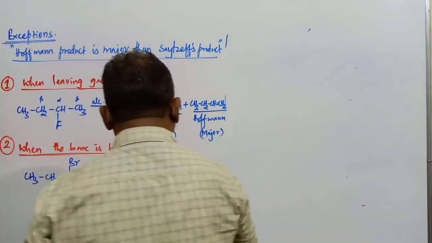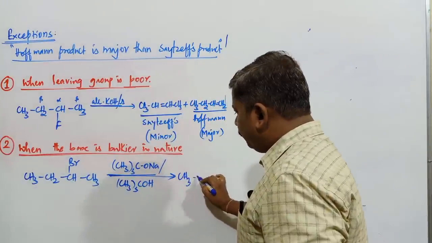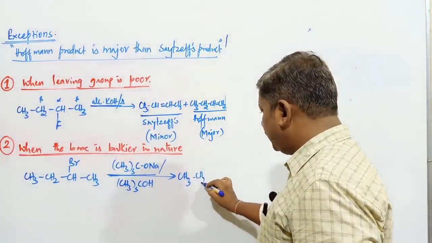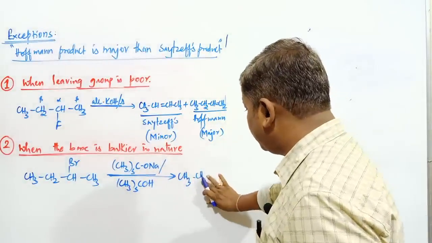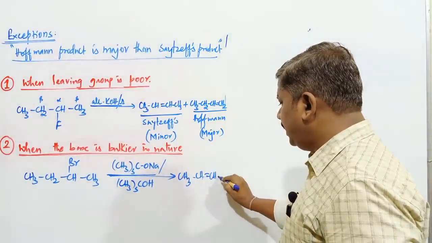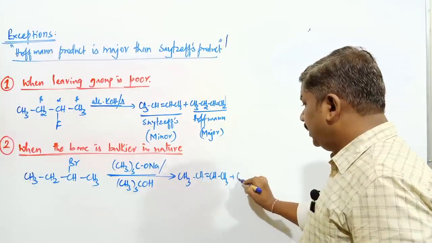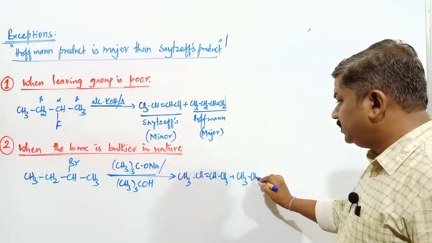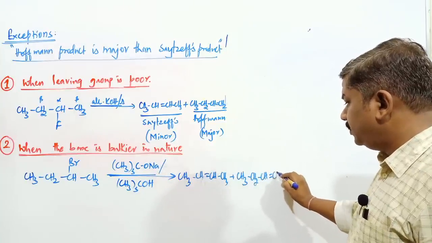What are the products here? The products are found to be the same, no difference in the formation of the products. CH3, CH double bond CH, CH3. The other one is CH3, CH2, CH double bond CH2.